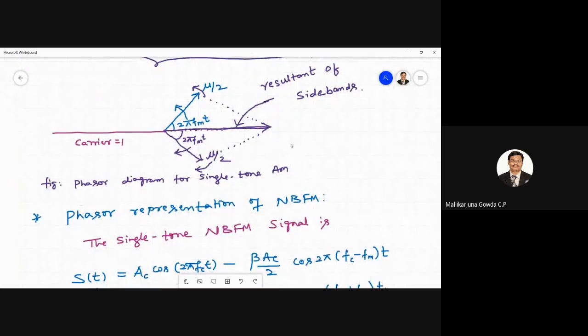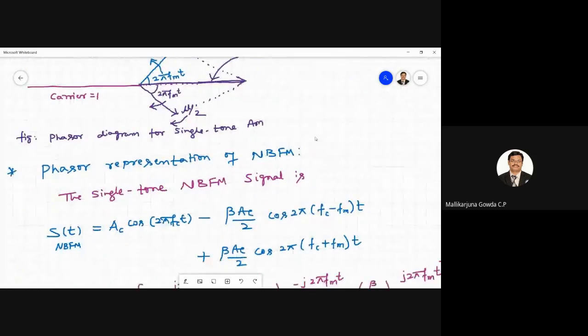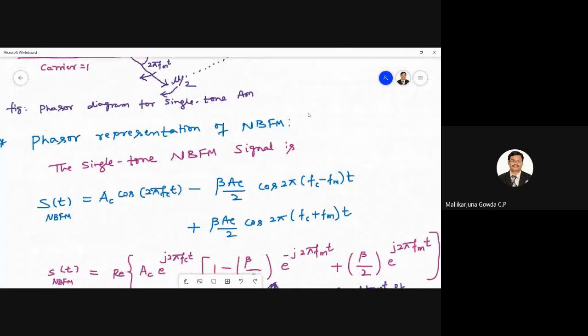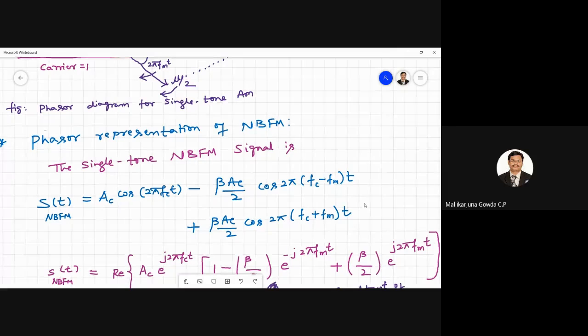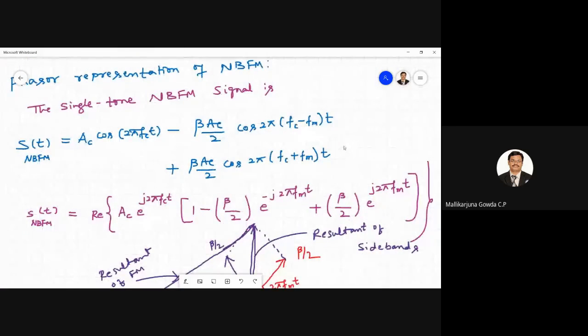Then we know the expression for single tone narrowband FM signal, right? That is AC cosine of 2 pi fct minus beta into AC by 2 cosine 2 pi of fc minus fm of t, then plus beta into AC by 2 cos 2 pi of fc plus fm of t. I have expressed this again in complex exponential forms, right?